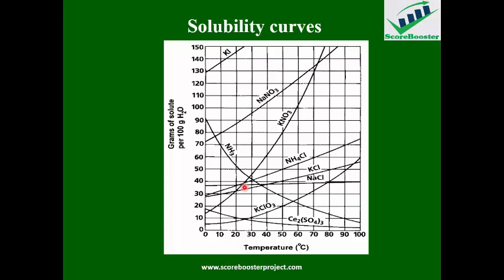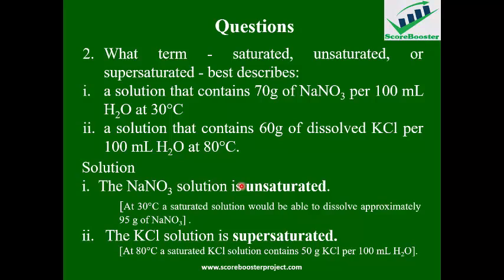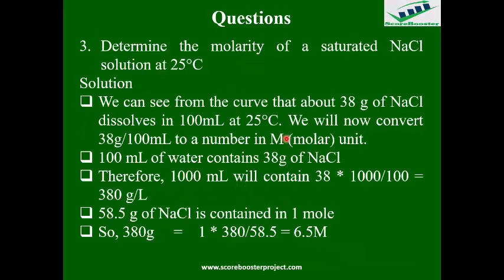It is not up to 40 grams, because that small one on top is 40, then this line is around, let's say, 39 or 38. So I just choose 38. So it's about 38 grams of sodium chloride dissolved in 100 ml at 25 degrees.